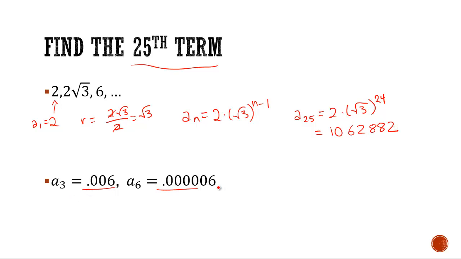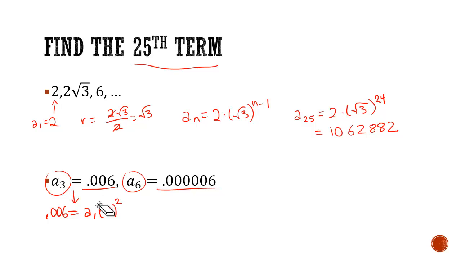What if we have these numbers? Well, here, again, we're given no information about the first term or the ratio, so we need to use our formulas and see what we can do. Here, A3 is 0.006. So we can replace the A3 with 0.006 and say that we're taking our A1 times the ratio to the power of 3 minus 1, which is 2.